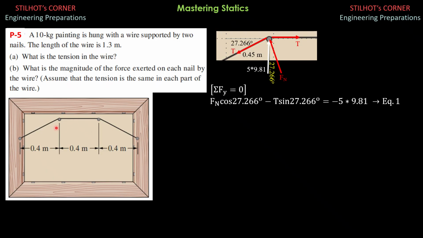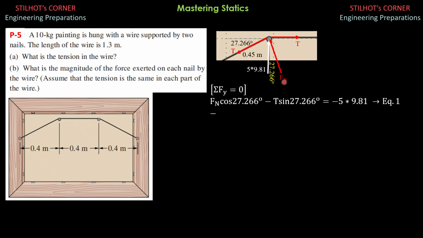So this nail will react upward by 5 kilograms by symmetry, and 5 times 9.81, that's it. So Fn cosine 27.266 degrees minus T sine 27.266 degrees equals plus 5 times 9.81. Call that equation 1. Then summation forces x equals 0.